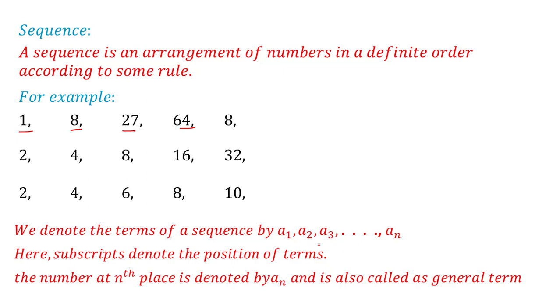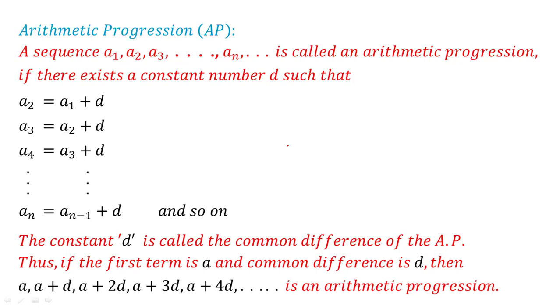So this 1, 2, 3 indicates the position, and the number at nth place will be written as an. So here I can use dot dot dot, and at nth position I will write an. Done. So this is all about sequence.